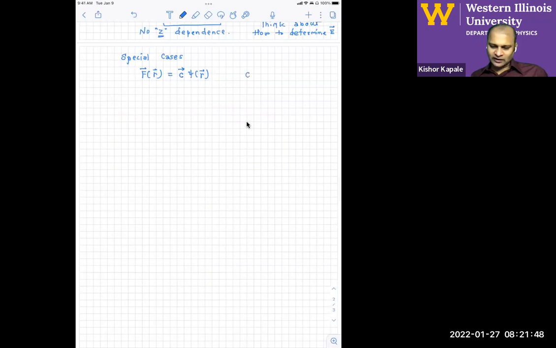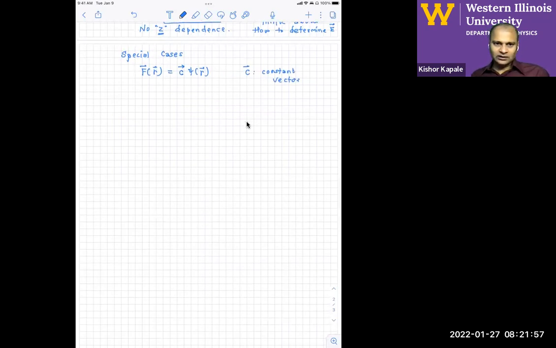Because c is a constant vector, derivatives of it are not going to appear in the relations. And you can then form another combination for the function through a vector product of a vector field and a constant vector c.